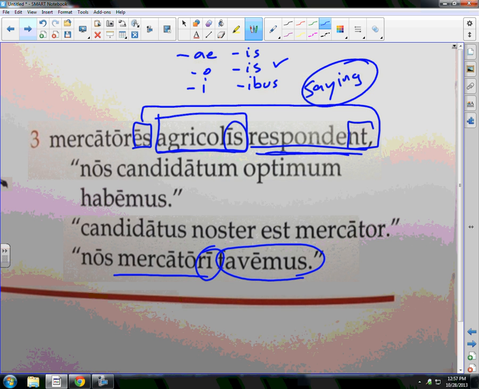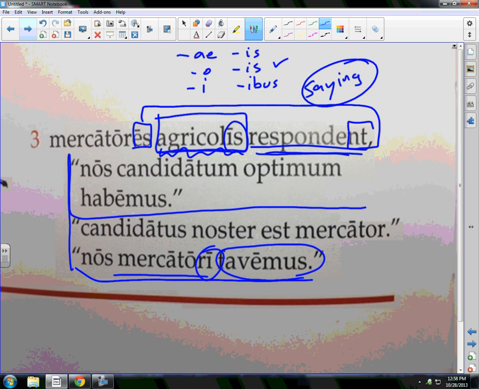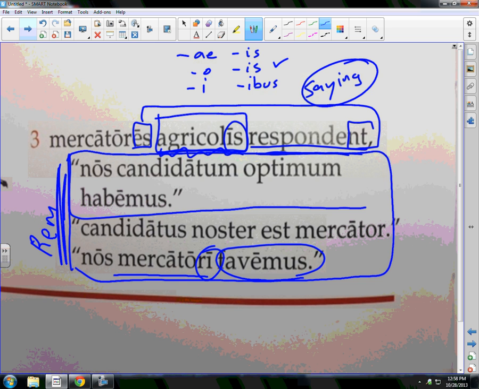So I have a verb of saying here that uses the indirect object. The merchants respond to the farmers. And actually what they're saying, the whole quotation, is the direct object. The merchants say this whole thing to the farmers.